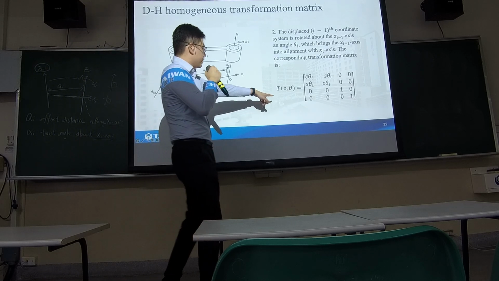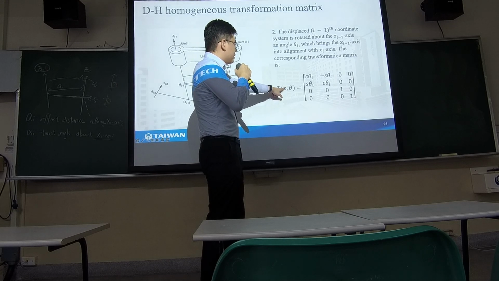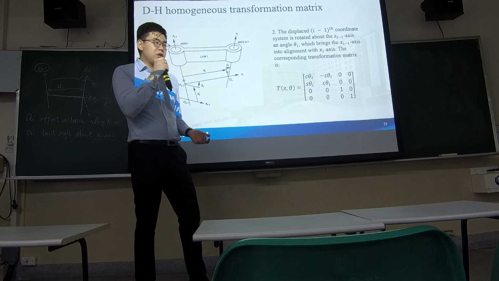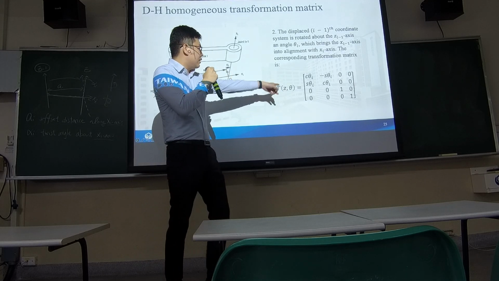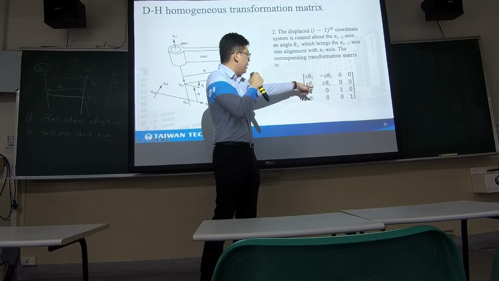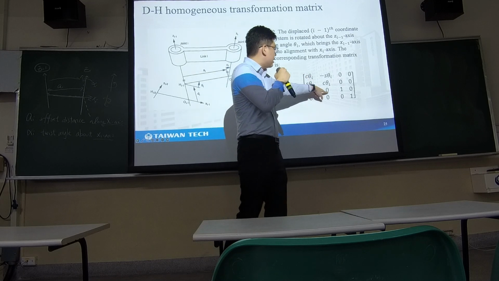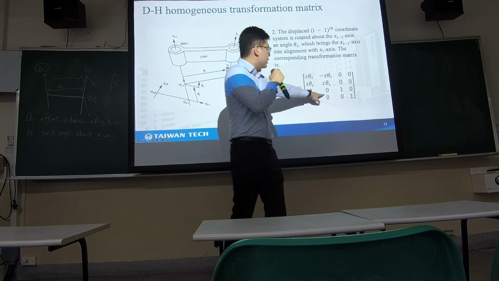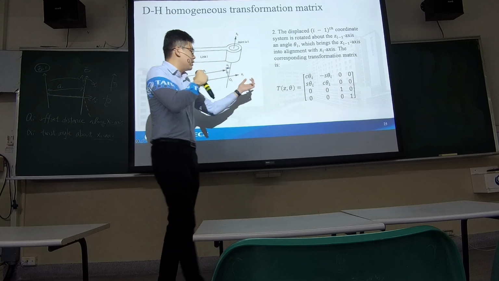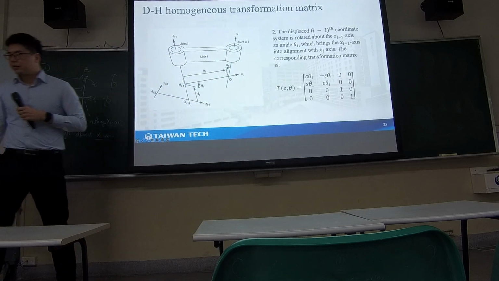Again, because it rotates about the z-axis, and I think last week we have introduced the rotational matrix of the z-axis, we just plug in the theta i, and you'll get this. This is rotation about the z-axis, and the position vector is 0, and you form this transformation matrix.